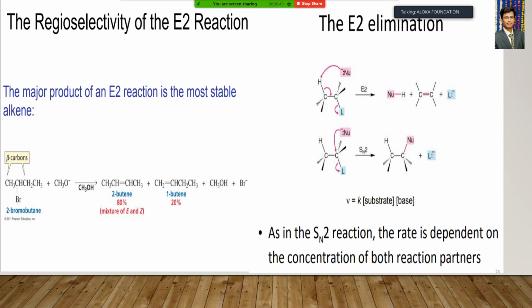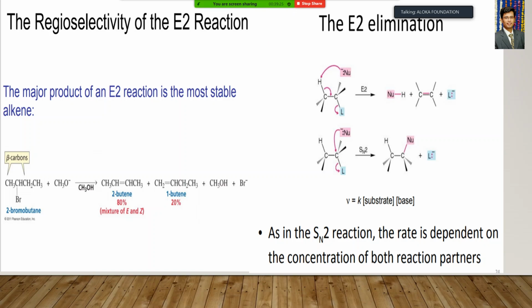The base, or a nucleophile, abstracts a proton which is beta to your leaving group, and the electrons involved in the bond form a pi bond, and when the pi bond is formed, the leaving group is eliminated. So this is how your E2 mechanism occurs.